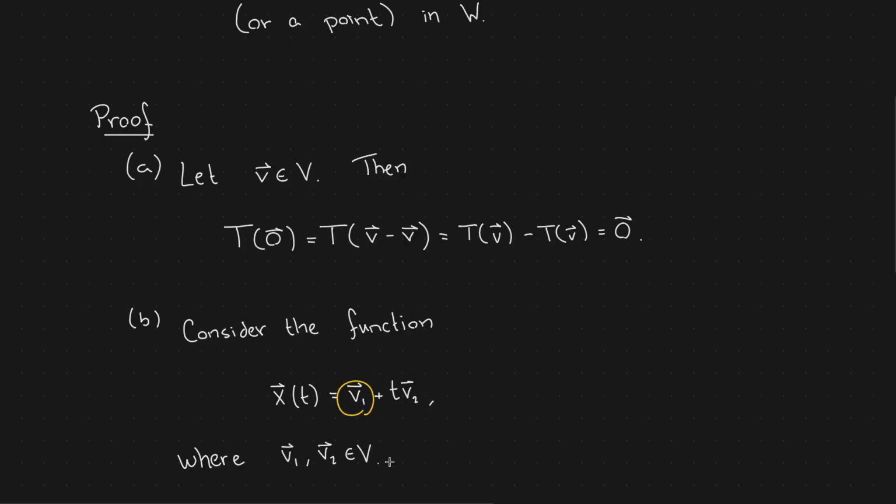We have a point on the line plus t times a direction vector.